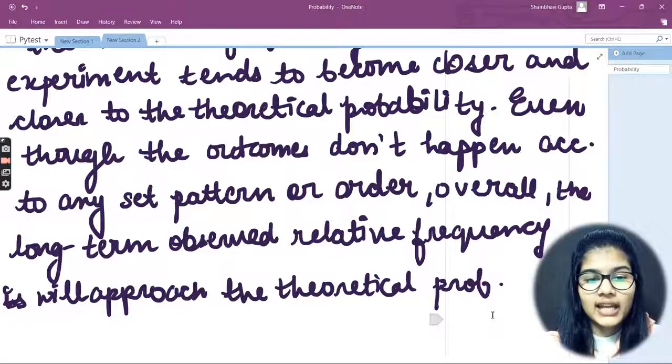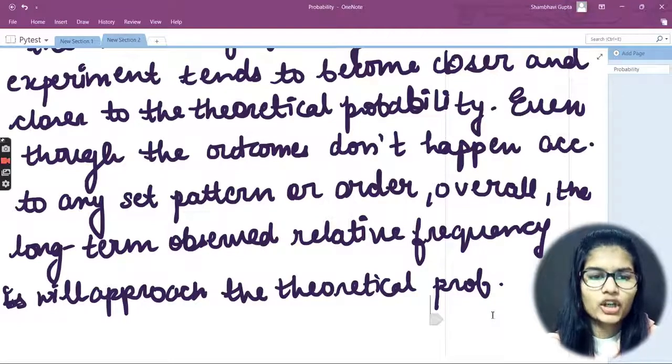Now, when do we use the word empirical? The word empirical is often used instead of the word observed. So if at some point I use observed, or at some point I use empirical, do not get confused. Observed and empirical are the same thing.